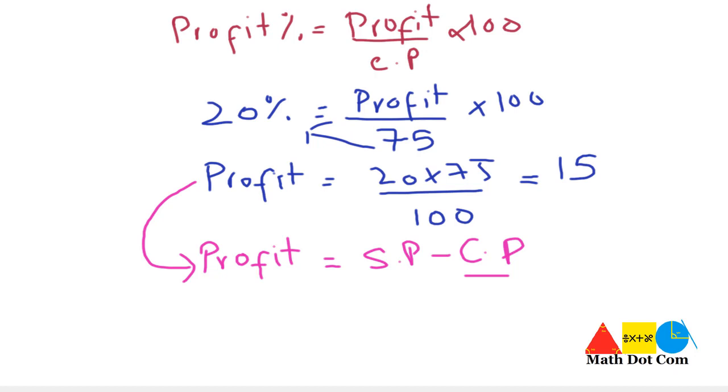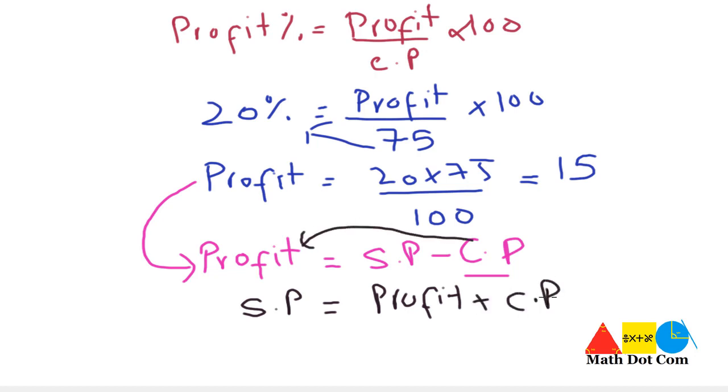What we will do, keep sale price on one side, and then we will get profit, this will go here, plus CP. Profit is 15 plus cost price is 75. Okay, so the sale price comes out 90. So 90 is the sale price.